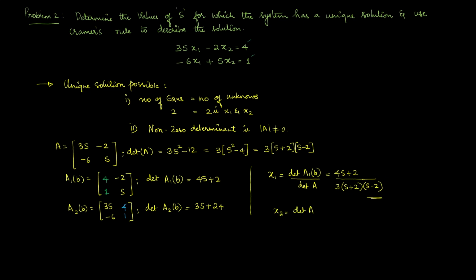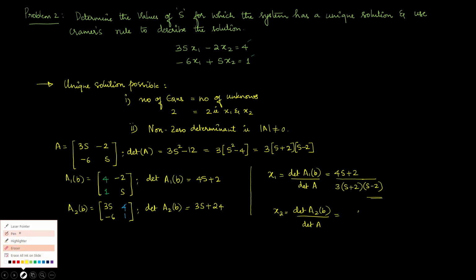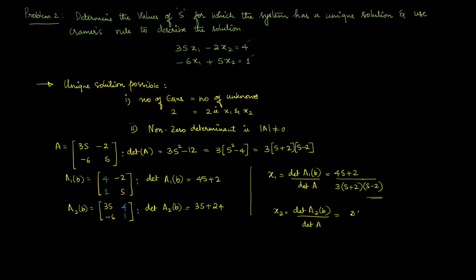Second one, x2 will be equal to determinant of A2(b) divided by determinant of A, which is equal to 3s plus 24 divided by 3 times s plus 2 into s minus 2. I can cancel off 3, which is common. So rewriting, this becomes s plus 8 divided by s plus 2 into s minus 2.